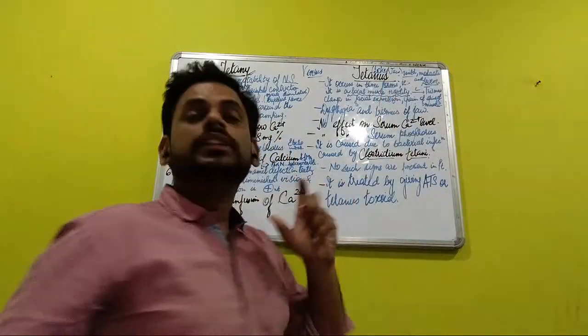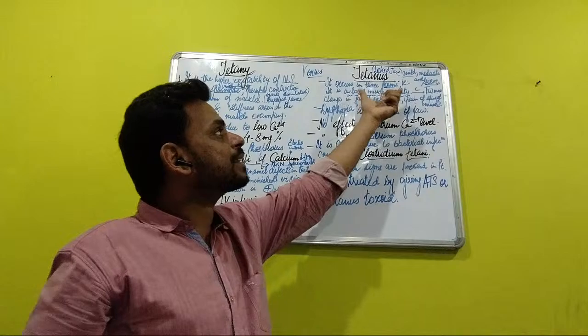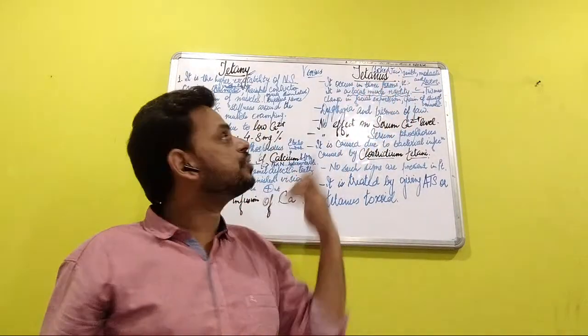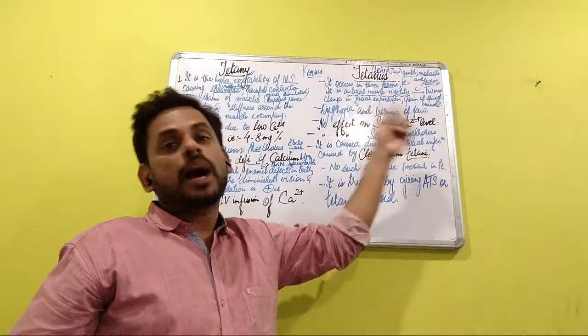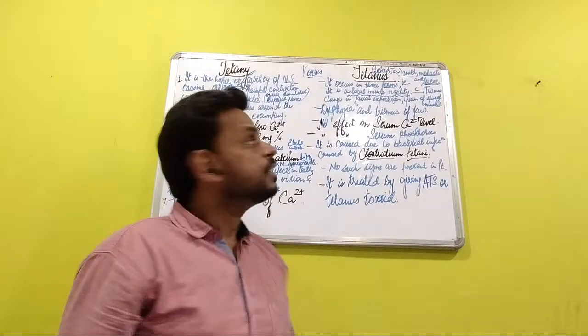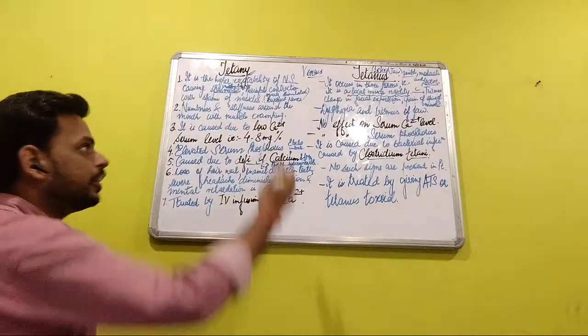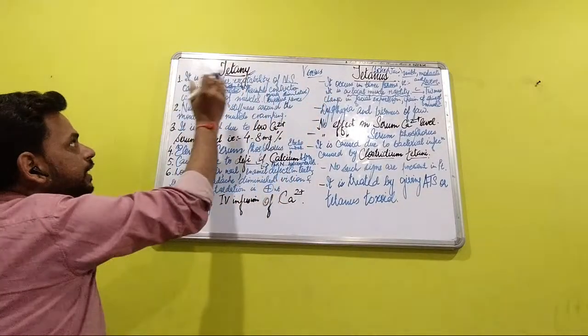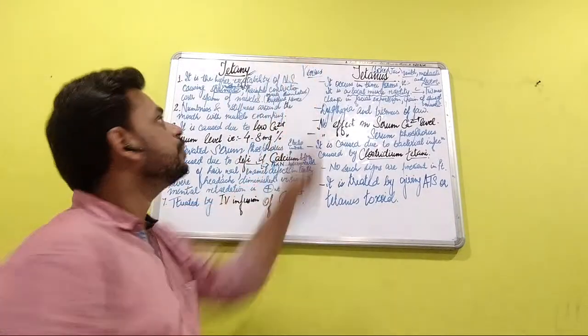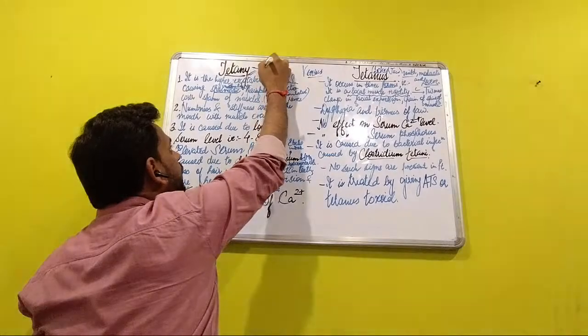Now the local muscle rigidity is there, leading to trismus, and there is a change in the facial expression. Apart from this, there is pain in the muscles of the spine. This is found in the condition of tetanus. Tetany is the hyperexcitability of the nervous system caused due to hypocalcemia.